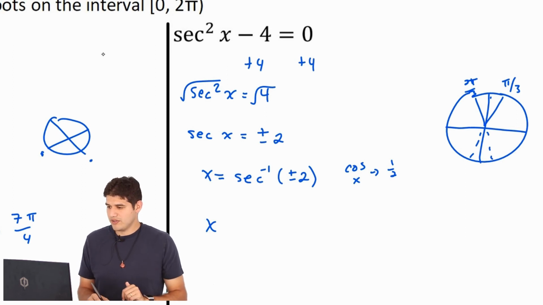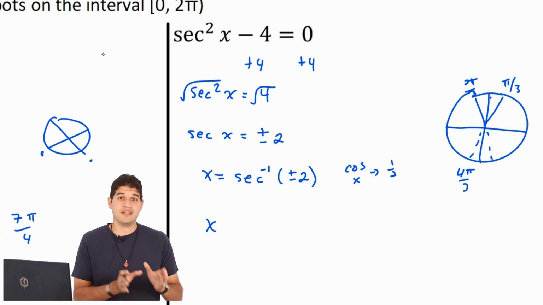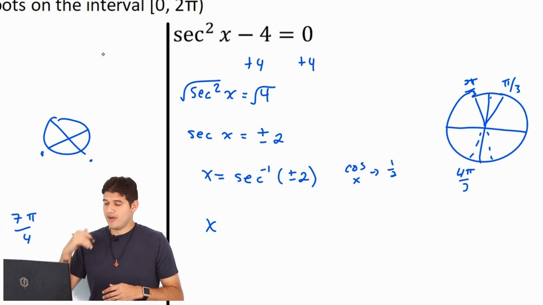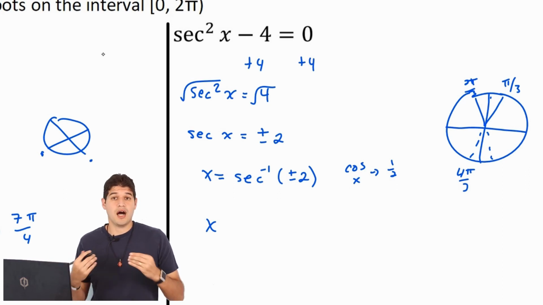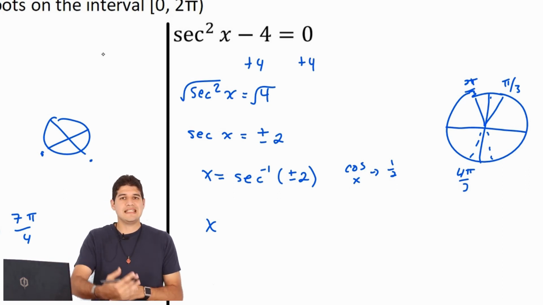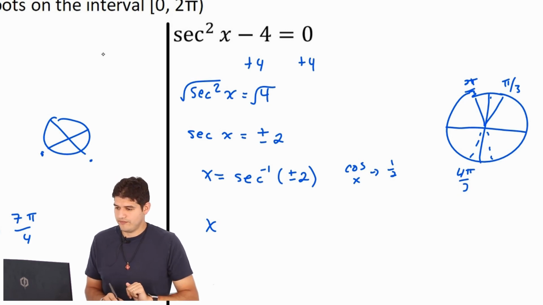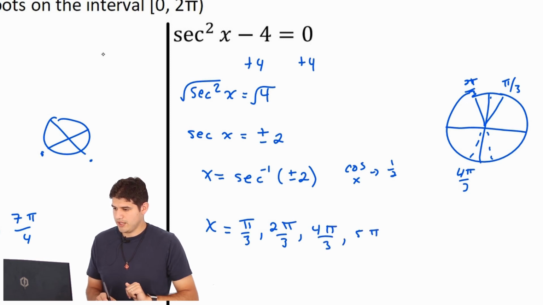So 2 pi over 3 and 4 pi over 3 are going to be negative 2s, and then pi over 3 and 5 pi over 3 are going to be positive 2 for secant in this case. So those are going to be 4 solutions for us here. So x equals pi over 3, 2 pi over 3, 4 pi over 3, and 5 pi over 3.